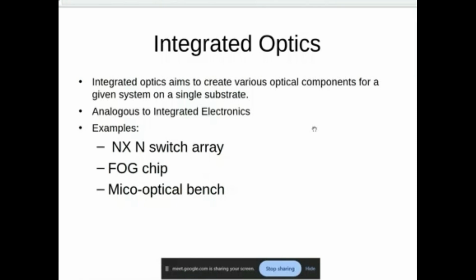Of course, now you know that it has translated into what you call VLSI. Present day, all our electronics has taken over into VLSI. A very small chip, like an Intel chip, has millions of transistors, including memories, logic gates, so many things put on it. So integrated optics can be taken as analogous to integrated electronics.